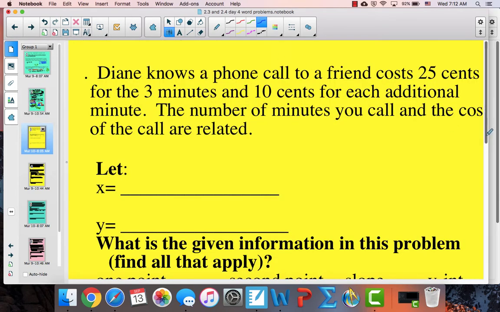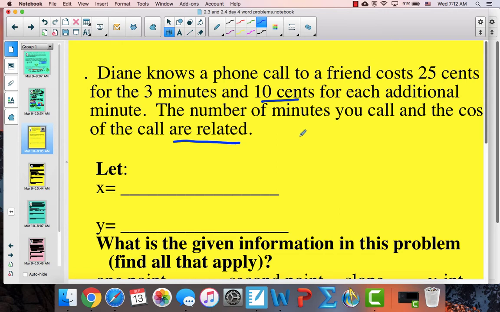All right, let's try again. Diane knows a phone call to a friend costs 25 cents for the first 3 minutes, and then 10 cents for each additional minute. The number of minutes you call and the cost are related. All right, so I have to decide what depends on what. Does minutes depend on cost, or does cost depend on the minutes you're on the call?